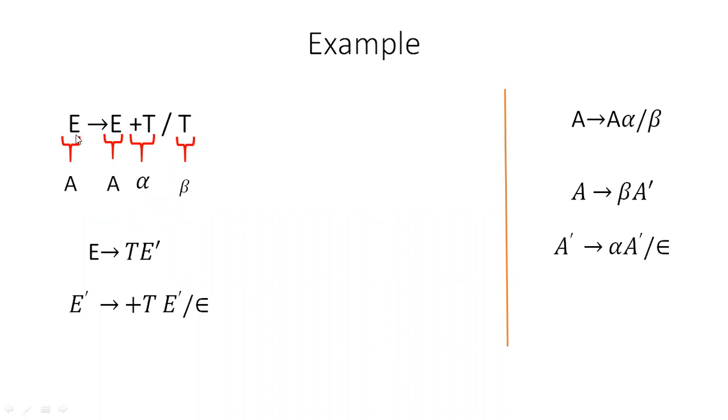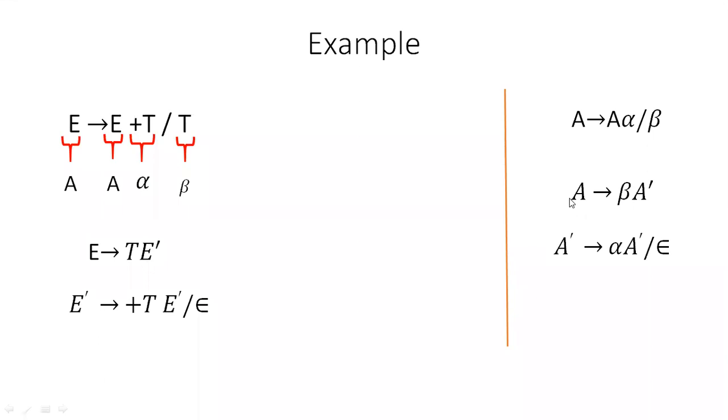See here. Now I'm mapping this. This is an A, this is an A. The remaining thing comes under alpha. Mapping with this syntax, A alpha or beta. See, this syntax of the left recursion is mapped with the rule in the grammar. Right. Now I am converting this rule into E tends to T E dash.